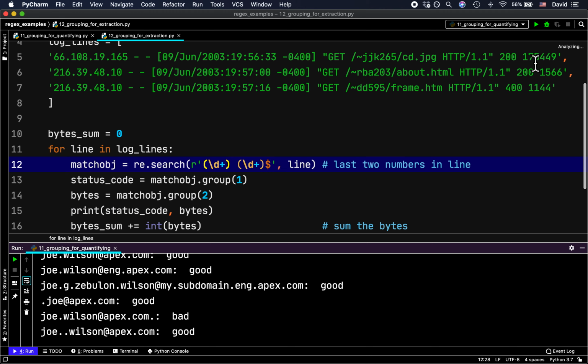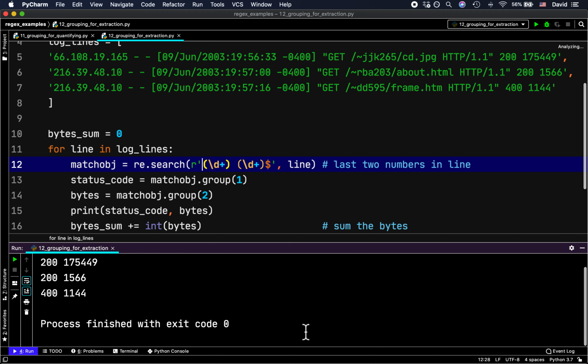So remember what we had up here. Let's take a look. Now you can see that I successfully extracted the 200, the 200, and the 400, and the 175,000, 1,500, and 1,100 using my groupings. For each line, I matched on the line. I grouped the two places where I have digits being matched, and I extracted them using group 1 and group 2.